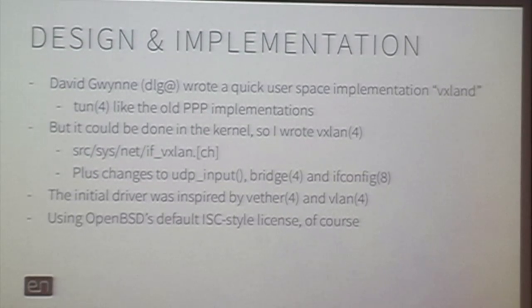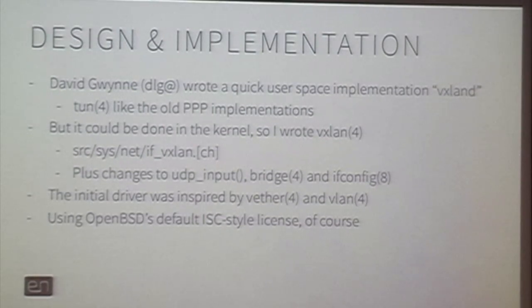So why are we duplicating this and giving it different names? It's the same that we had all the time with bridge. So the code for VXLAN is 777 lines of code, so it's not so much. And then some small changes to UDP input, the bridge, and ifconfig.